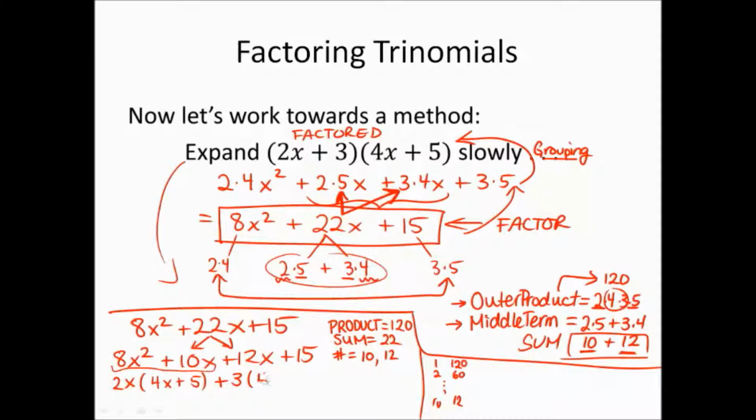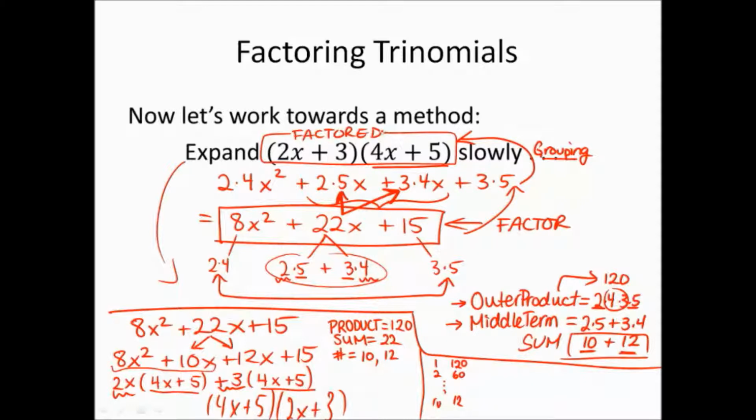Factor out 3, you're left with 4x plus 5. Hey, check it out. We got the common factor of 4x plus 5 that we can factor out. And what's left in our bracket is our 2x plus 3.